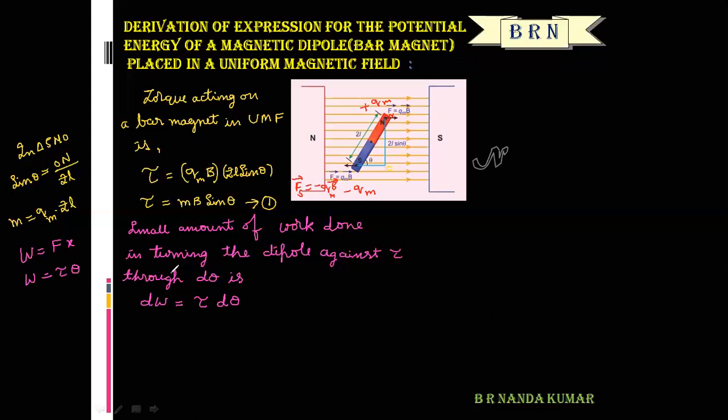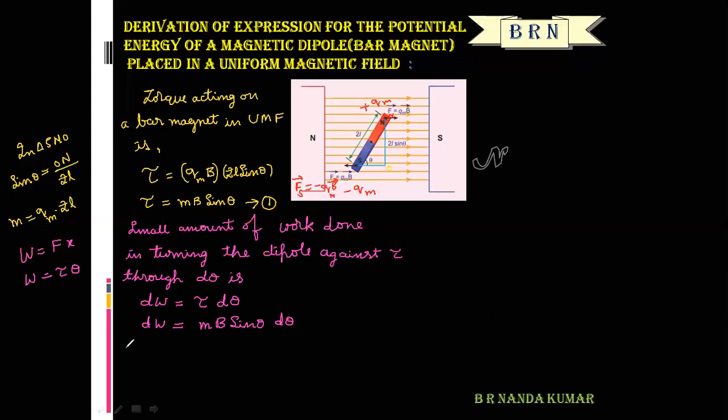So here small amount of work done in rotating the magnetic dipole against torque through the small angular displacement d theta, that is tau into d theta. So dW is equal to, what is the value of tau? Tau is mB sine theta. So dW is equal to mB sine theta d theta.